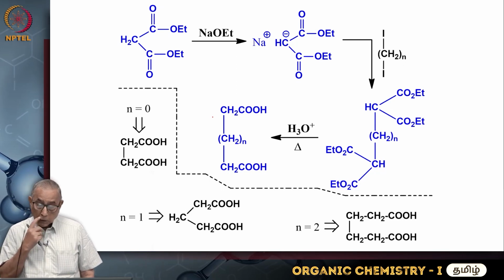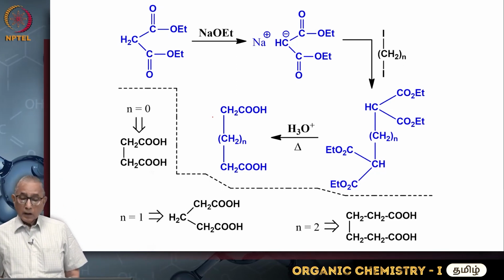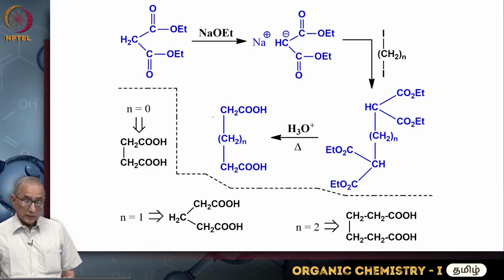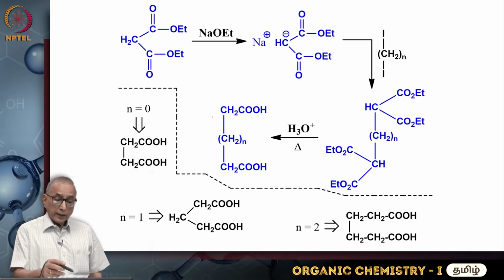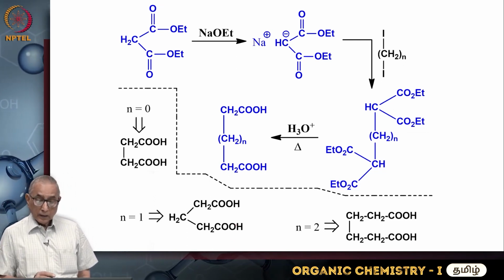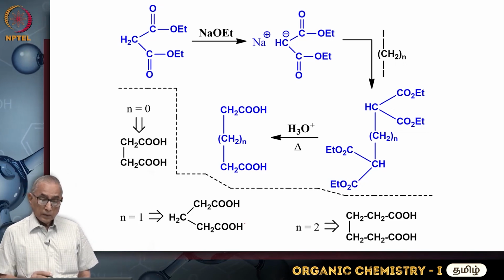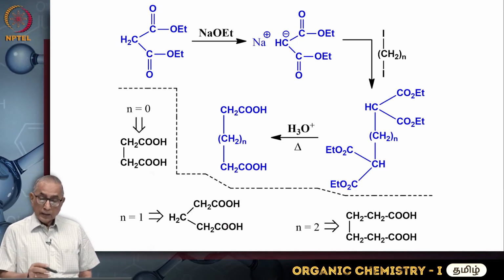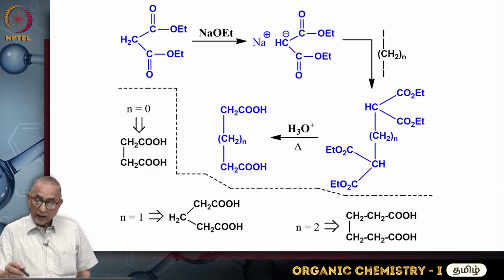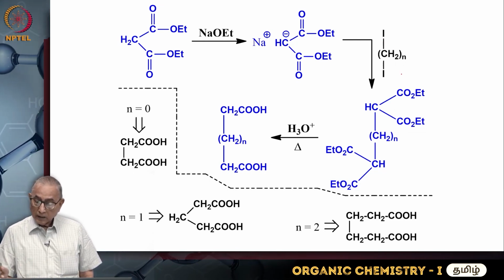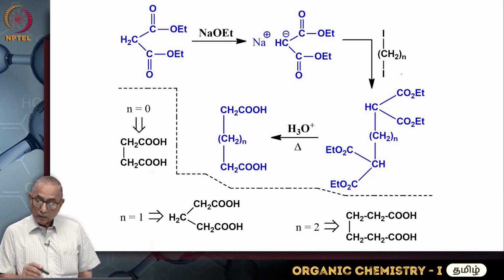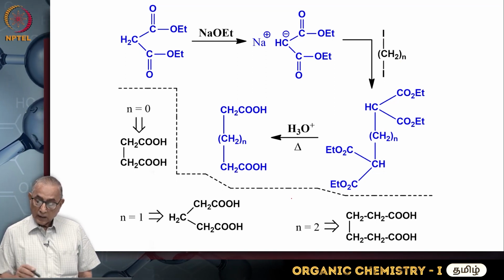Now you can go to fairly large dicarboxylic acids with a large carbon chain by taking diethyl malonate and forming the anion with sodium ethoxide. The anion reacts with a diiodide, I-(CH2)n-I, a long chain with one iodine on the first carbon and one on the last carbon.